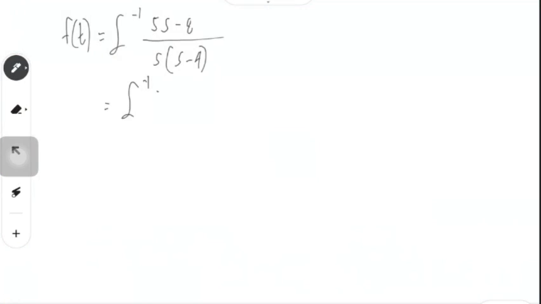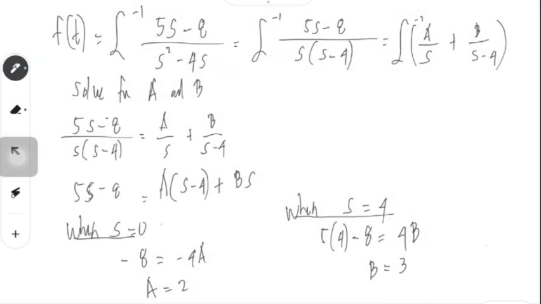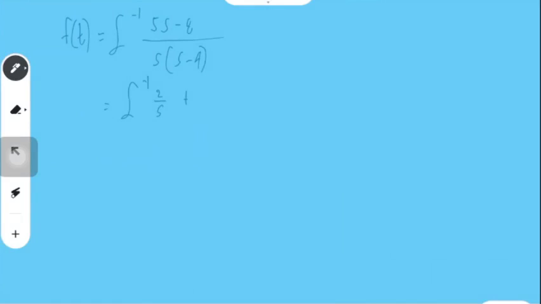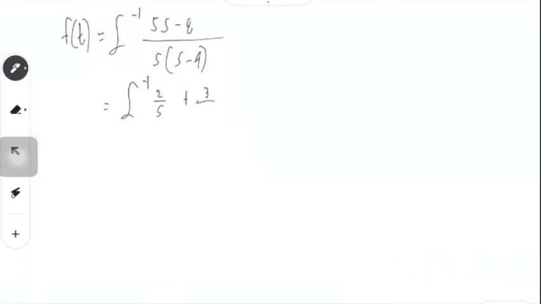So we have 2 all over s. Then plus b, but b turns out to be 3. So we have here plus 3 all over s minus 4.